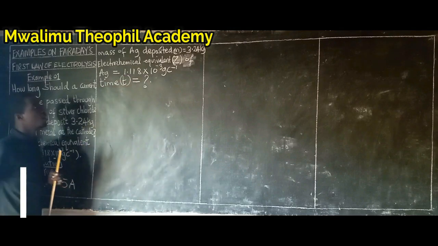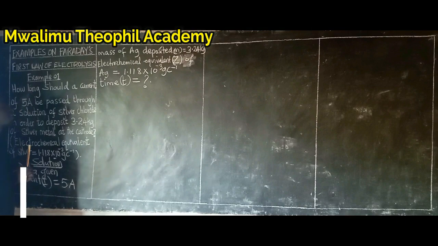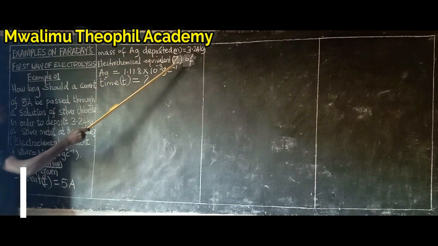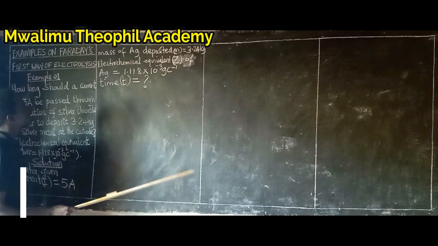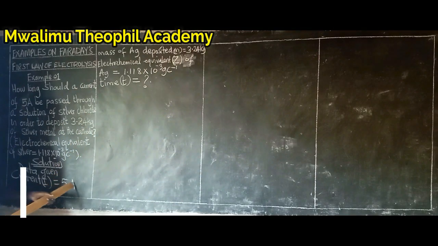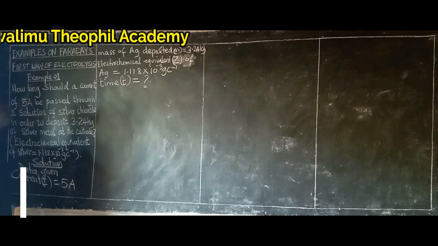So we are required to find the time for this mass of 3.24 to be deposited when the current of 5 ampere is passed through an electrolyte of silver chloride. Now, let us see the way.